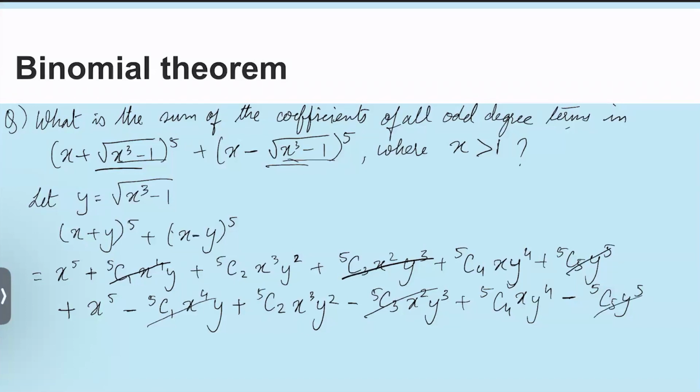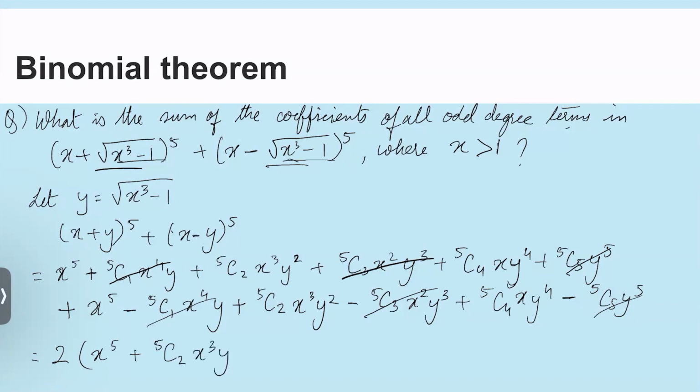What we are left with is, since it's addition, you have 2, 2, 2, so we keep 2 out and write all the terms inside. So you have 2 times x raised to 5 plus 5C2 x cubed y squared. And the last one that we'll have is 5C4 x y raised to 4.